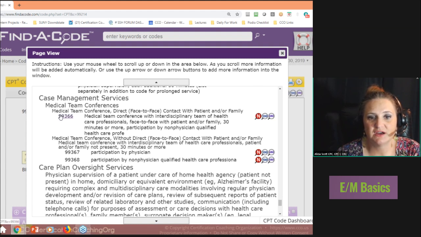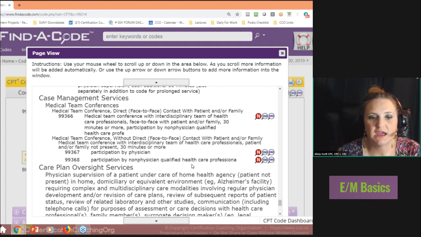So you either have the one that is, they're both face-to-face, but it's a medical team conference, all right? And it could be with the patient or the family. This is all the same, but look here. It says 30 minutes or more, participation by non-physician qualified healthcare provider. This one is 30 minutes or more. And then look what makes this different right here. Participation by the physician, participation by non-physician.